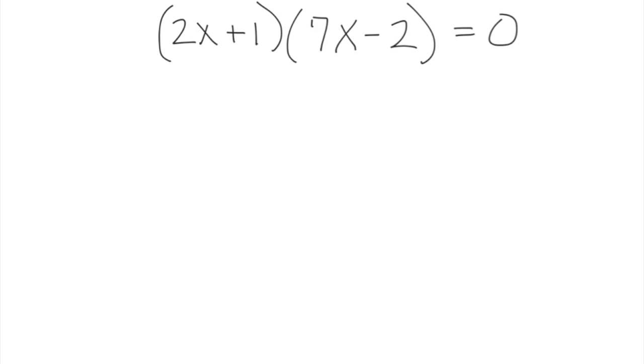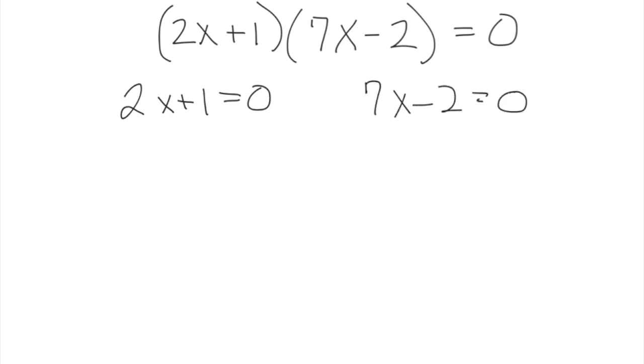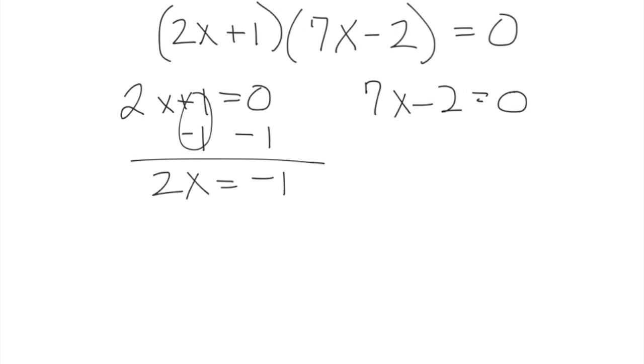Now that I know what two factors when multiplied together will give me the original equation, I can write these factors equal to 0. I have 2x plus 1 equals 0 and 7x minus 2 equals 0. I'm going to solve each equation by isolating the x variable. In the first equation, I'll subtract 1 on both sides, so I have 2x equals negative 1.